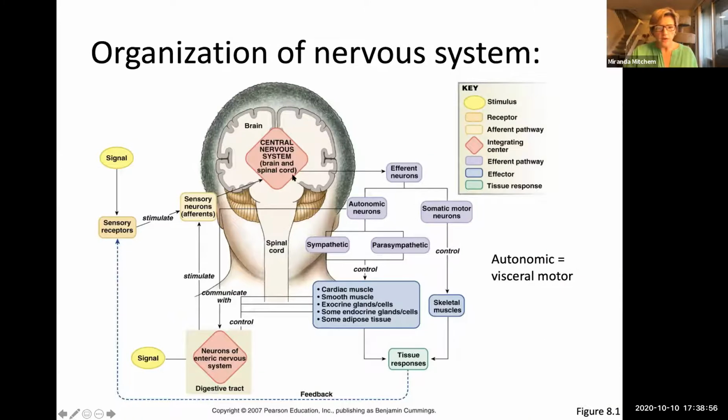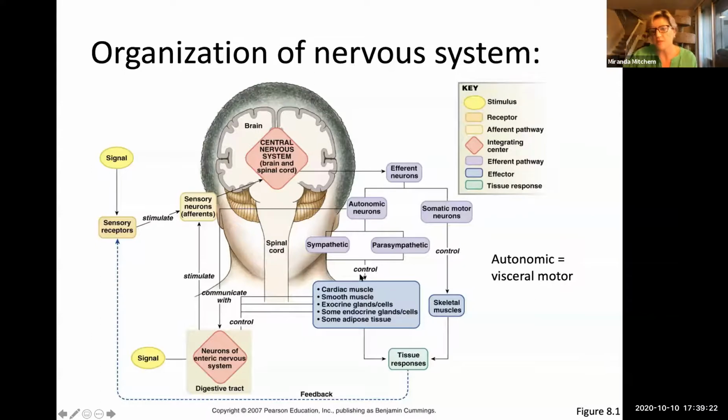But we also have the autonomic control, which is divided into the sympathetic and parasympathetic responses. So an example of a sympathetic response would be an increase in heart rate, where a parasympathetic response would be the decrease in heart rate.